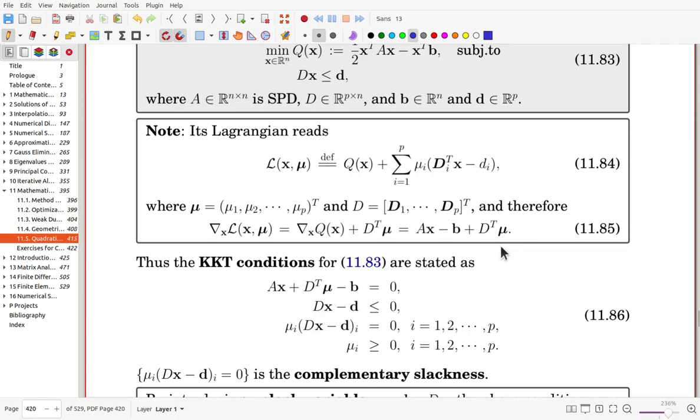So we set it to 0, and that is exactly this one. And then this is the primal constraint. So there is primal feasibility, and that is dual feasibility. And that is the complementary slackness. For the inequality constraint, we need this one.